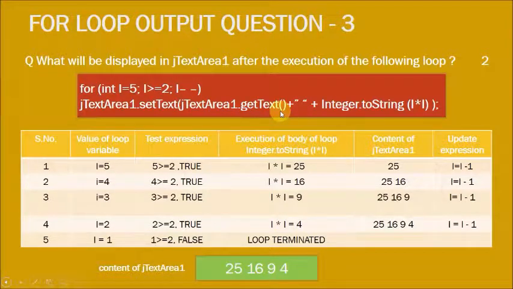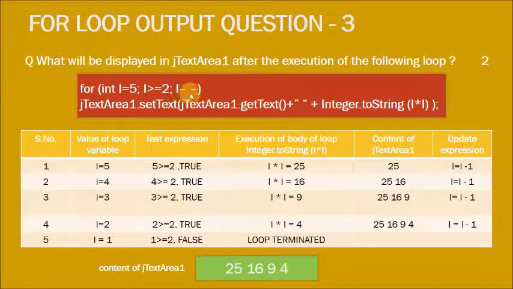Now this statement will get the text already there in jTextArea1, which is the text from the earlier iteration. This text will be concatenated with the result of this expression, which is 4. After concatenation, the text will become 25, 16, 9 and 4, and this text is then set into jTextArea1.